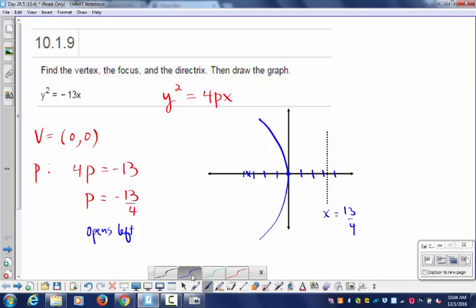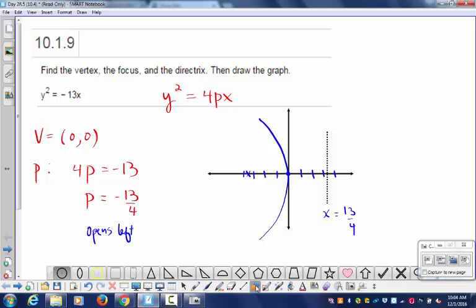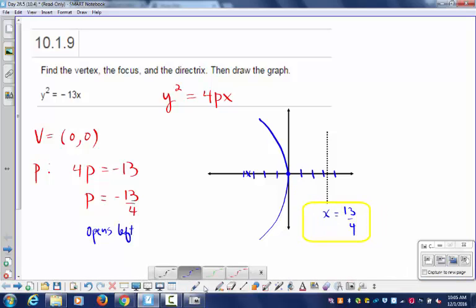So on the test, make sure that you can identify the equation of the directrix. The directrix is a line, so it has an equation. Make sure that you can identify the coordinates of the focus. So the coordinates will be negative 13/4, 0 here.